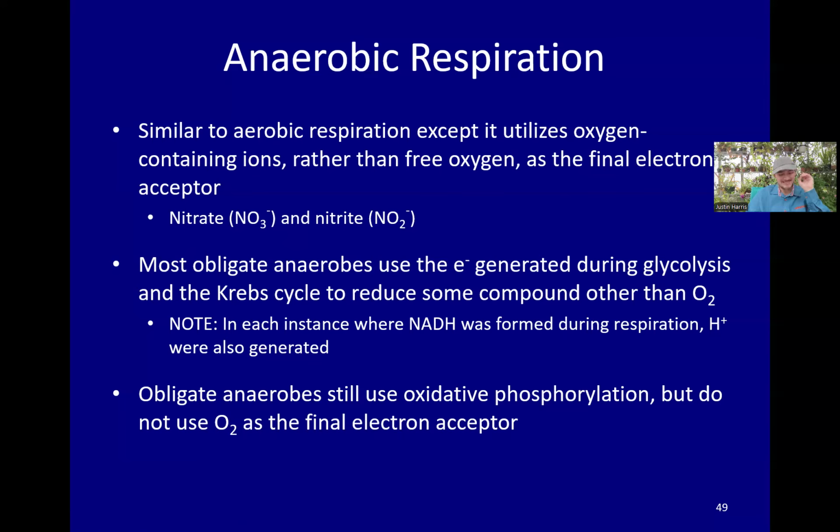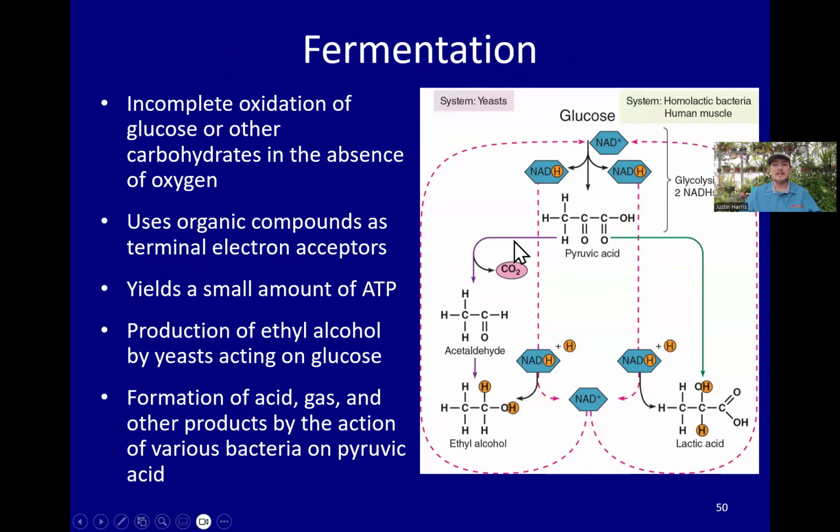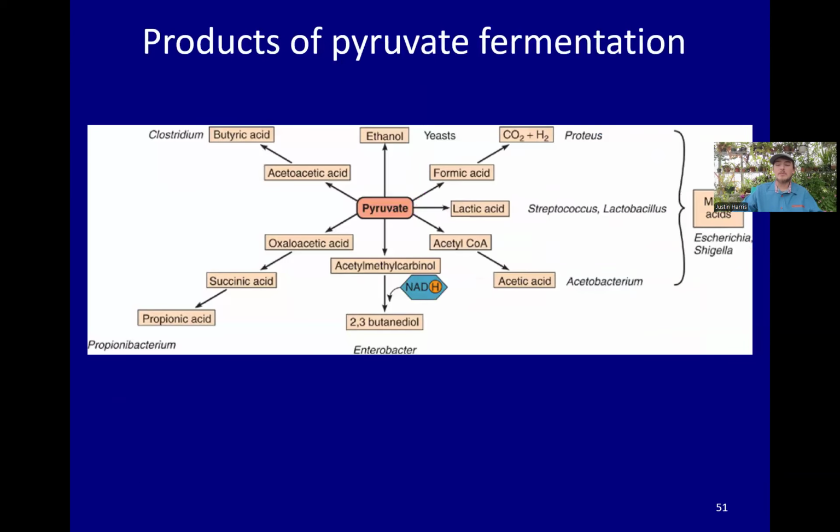And then when we look at fermentation, it's kind of this glucose process, this glycolysis process, but we're breaking it down into organic acids, organic alcohols, and gases. For instance, we have lactic acid or alcohol, and I'll talk about that in a little bit.